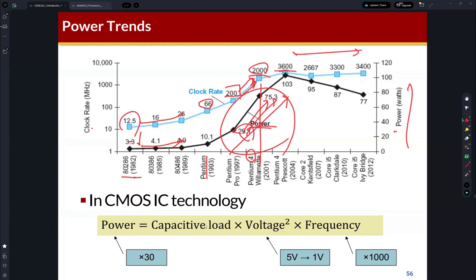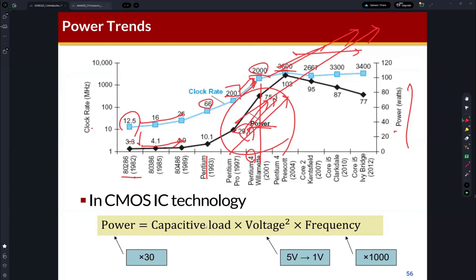Then you can observe that the clock frequency is saturated, right? It can be increased, but what's the problem? If we want to increase the clock frequency more, then power consumption will also increase.